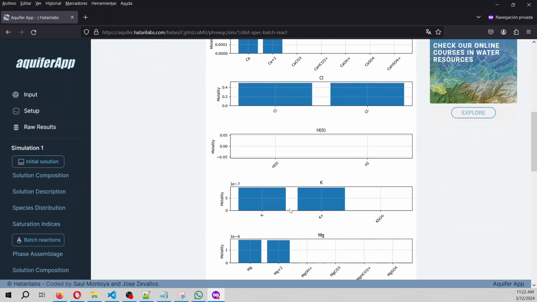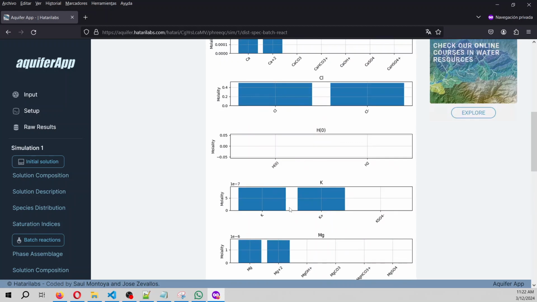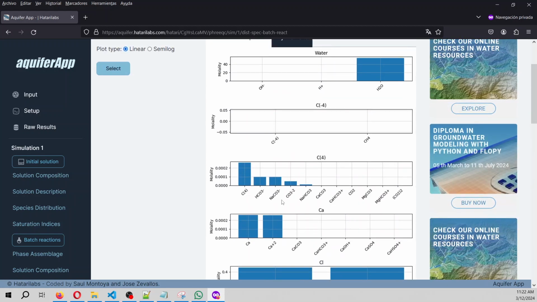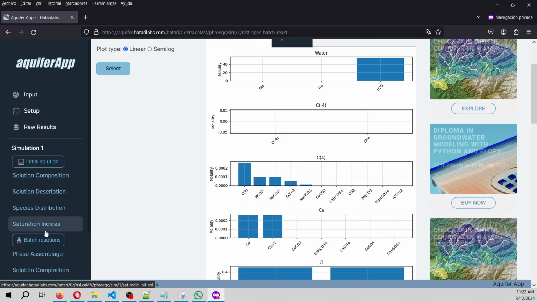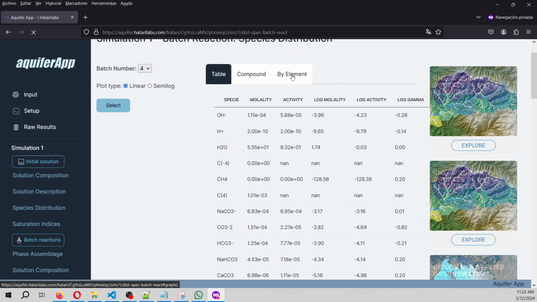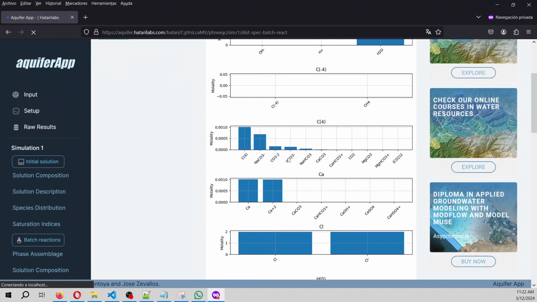The calcium stays mostly the same, and the big difference is in the carbon. For the last one, we see mostly the same.